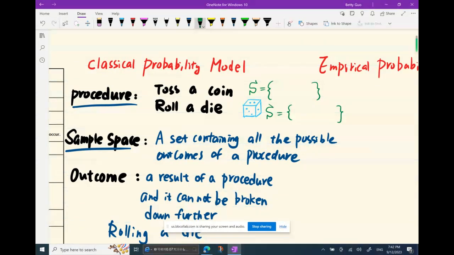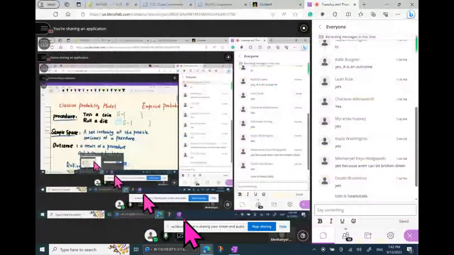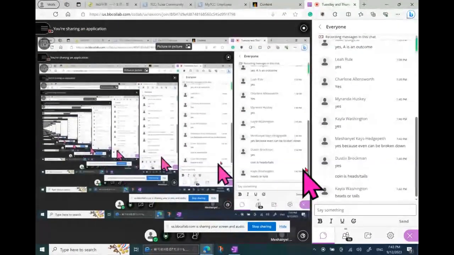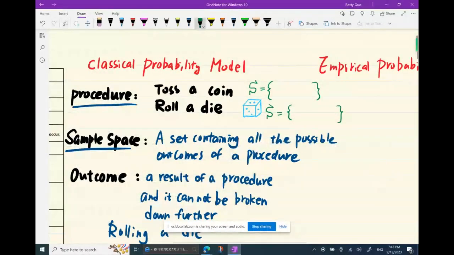And those outcomes cannot be broken down even further, right? Heads and tail, perfect, exactly. So we would normally use H to represent the head, and the capital letter T to represent the tail. That's it.